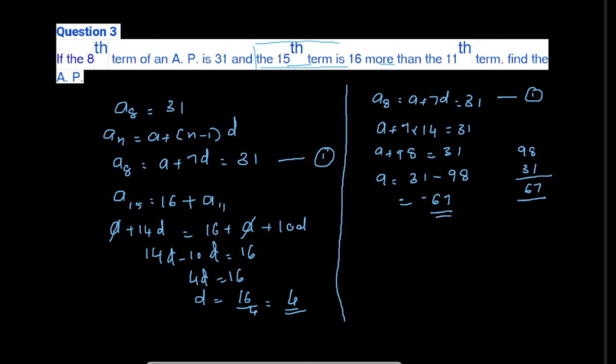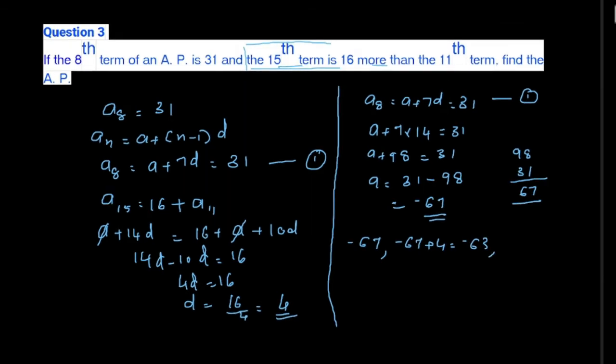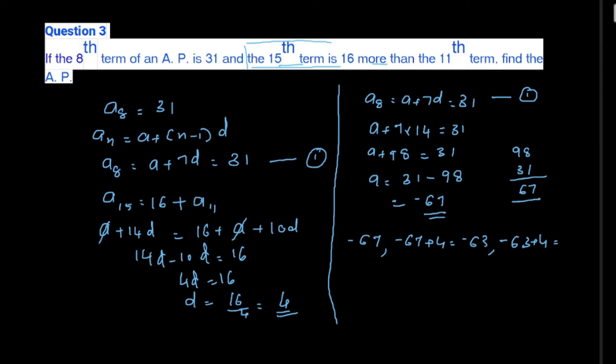Now we'll frame one AP. How to frame one AP? First term is minus 67, right? Then the second term will be minus 67 plus 4, that is minus 63, right? So the next term is minus 63 plus 4, that is equal to minus 59, right?